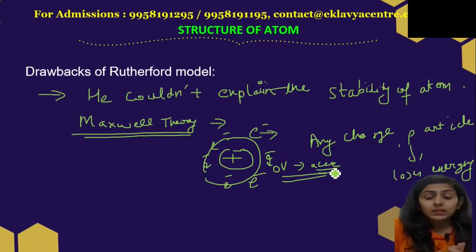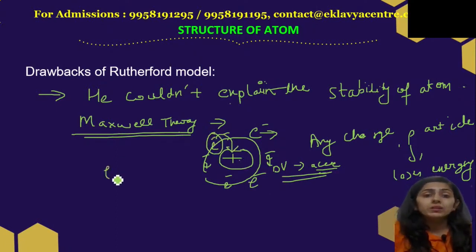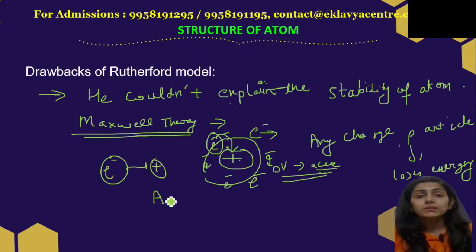So he said the electron is losing its energy, and a time will come when this electron will fall into the proton, and when this happens, the atom gets destroyed.